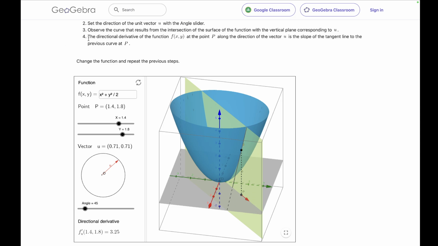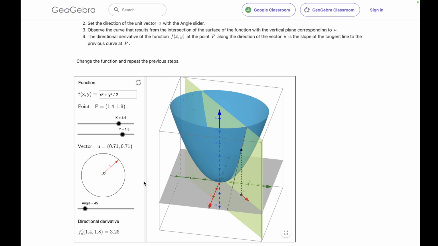So the directional derivative of the function f(x,y) at the point P along the direction of the vector u is the slope of the tangent line to the previous curve at P. And this tangent is from the intersection of this plane and the surface. This is the plane passing through this u vector.